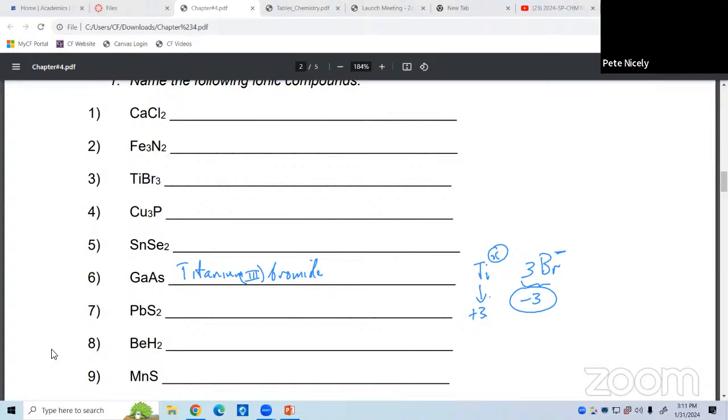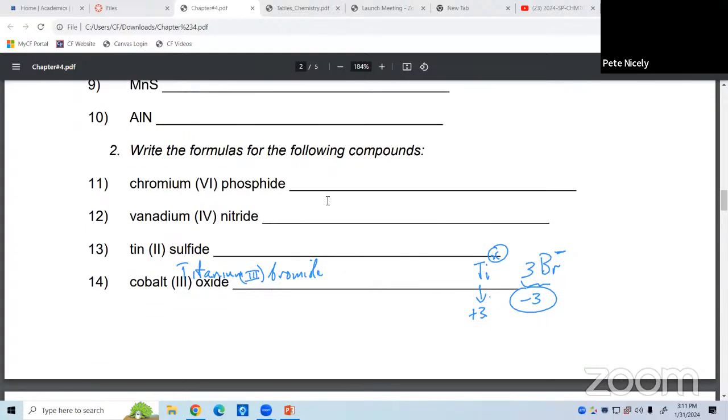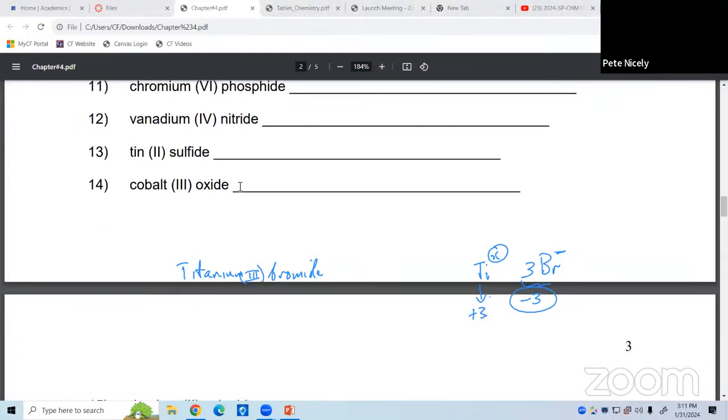On 14, with cobalt being +3 and oxide being -2. If the cobalt is +3 and oxide is -2, the 3 in the Roman numerals, is that like the final thing? Yeah, that's a charge.